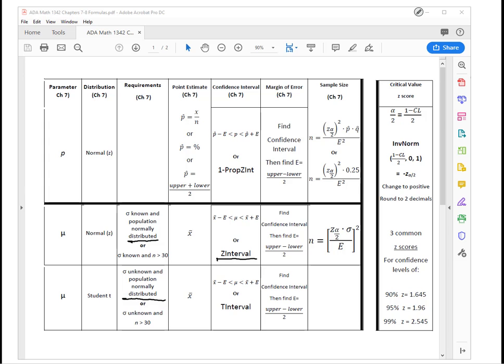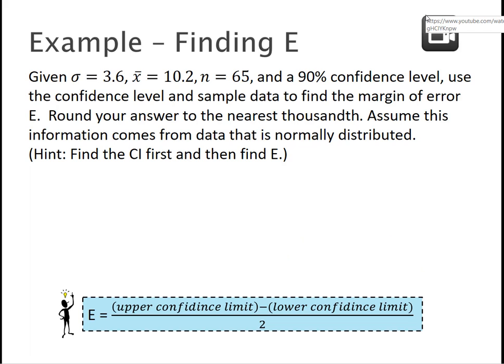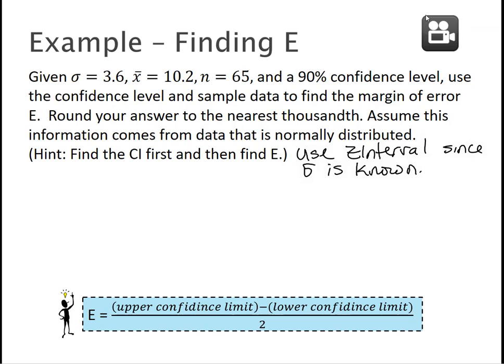I'm going to use the z interval function, because sigma is known. Typically, the other two requirements won't come up too much. It's mostly whether or not you have a sigma or an s.